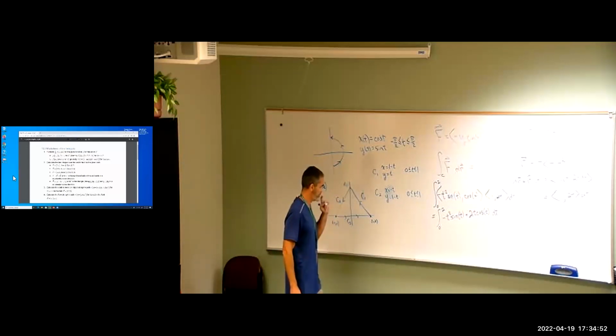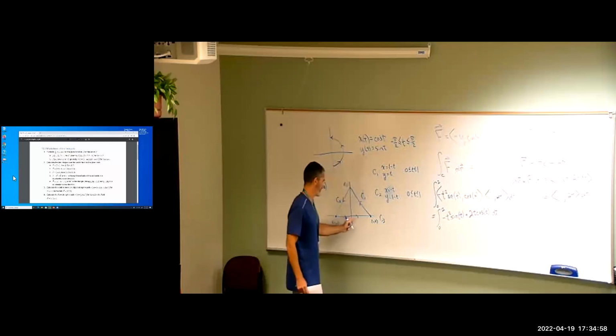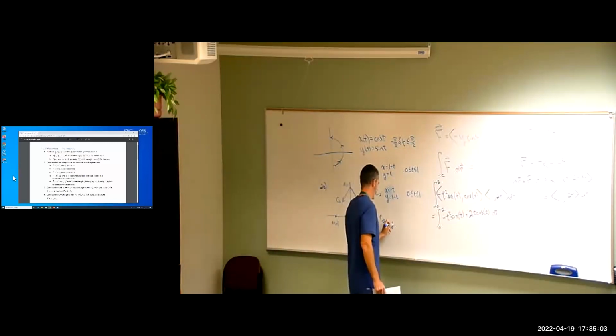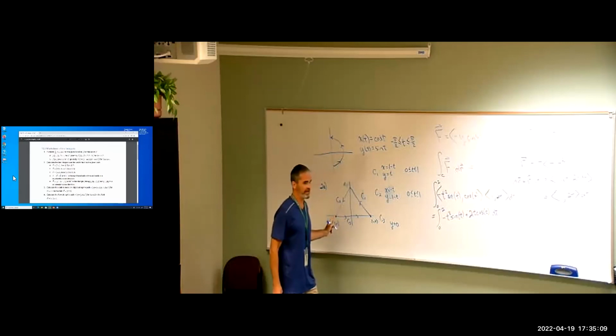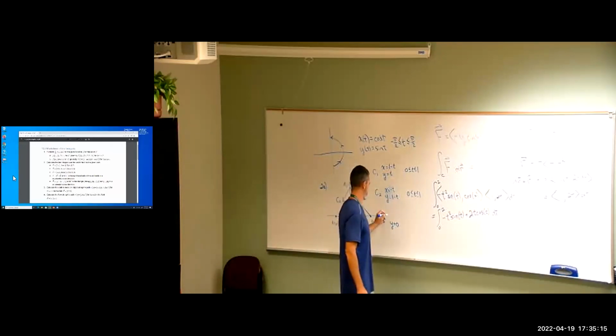Okay. Lastly, C3. Well, first off, one of the things about C3, y is 0 the whole time. And x has to go from -1 to 1. A couple different ways we can handle this. Here's one way.